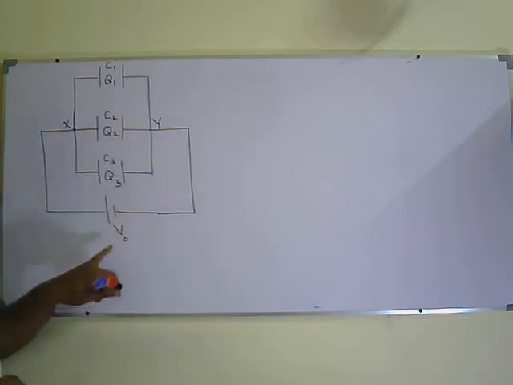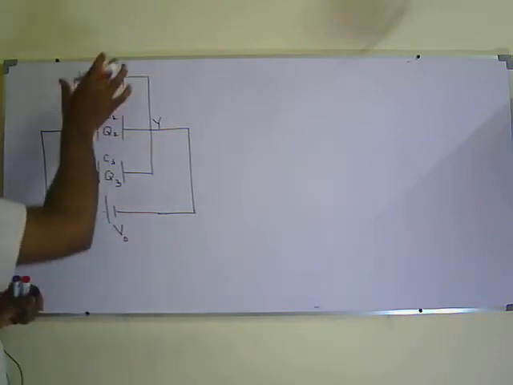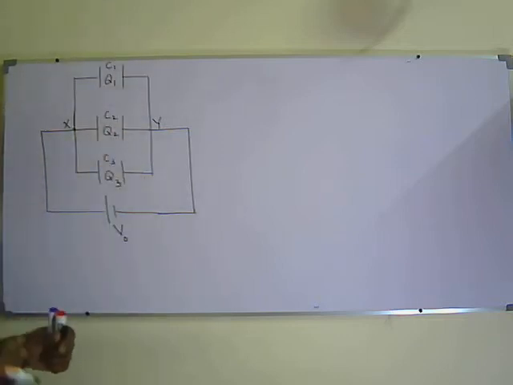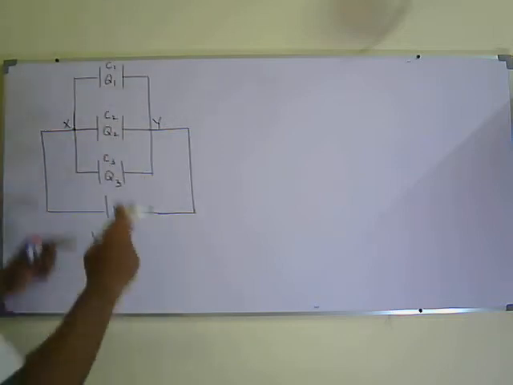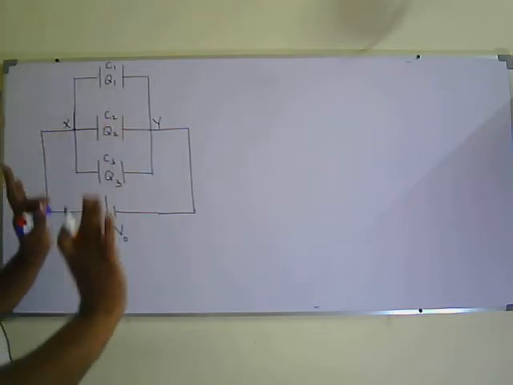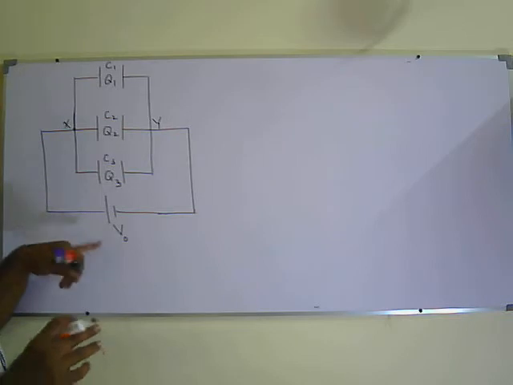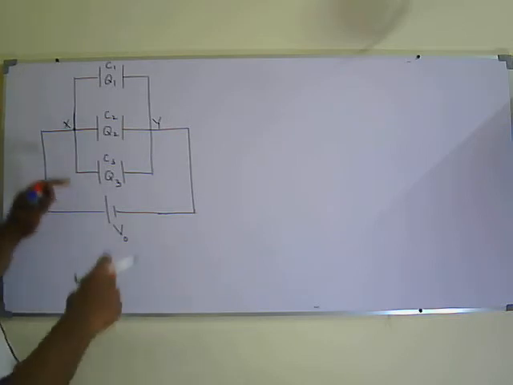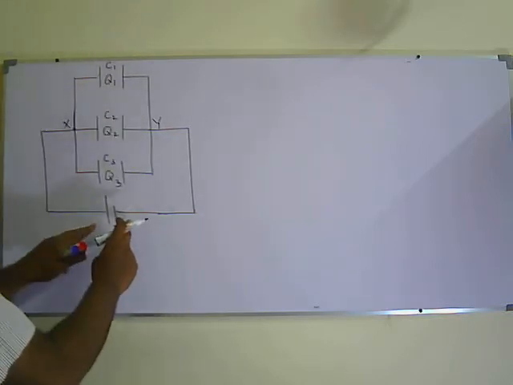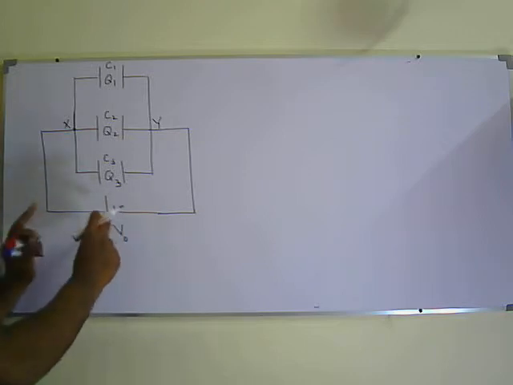If I say EMF, that will be V0. So all these three capacitors will have the same voltage, equal to the voltage across the junction. Remember that way, voltage across the junction. Don't say that is always the power supply voltage. Some students memorize that the voltage across the capacitors will be the same as the voltage across the power supply.